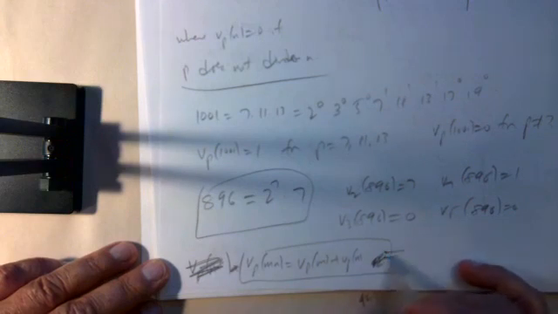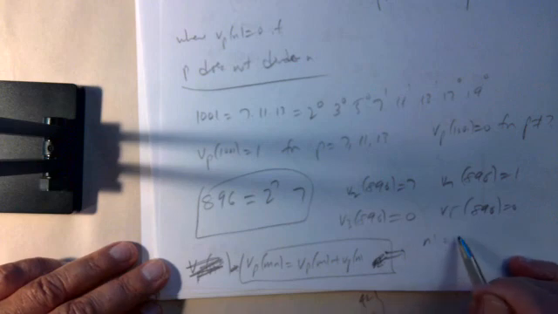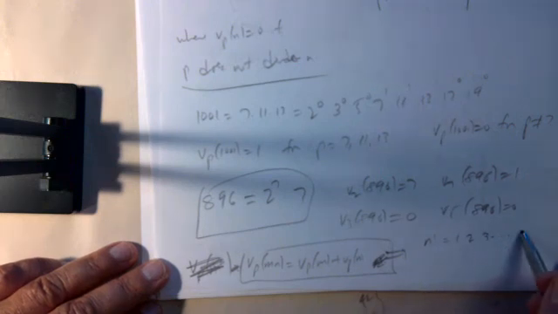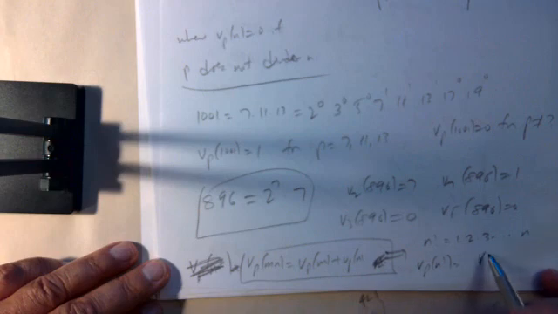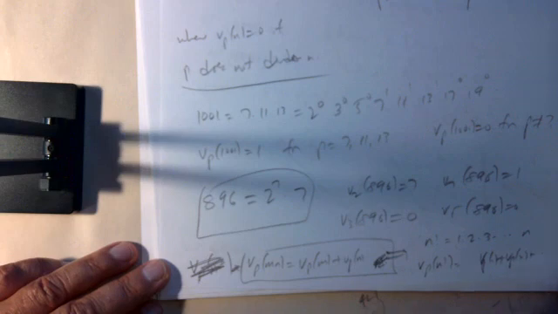And then this implies that if you take n factorial, which is 1 times 2 times 3 up to n, the product of the positive integers up to n, VP of n factorial is the sum of VP of 1 plus VP of 2 up to VP of n.